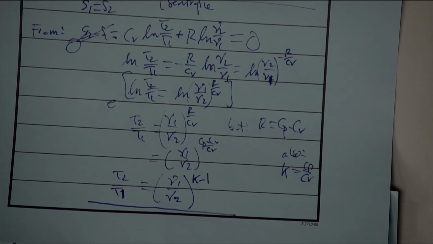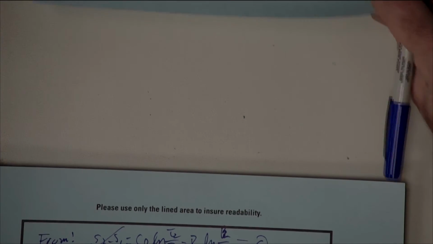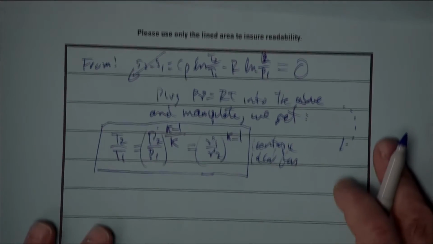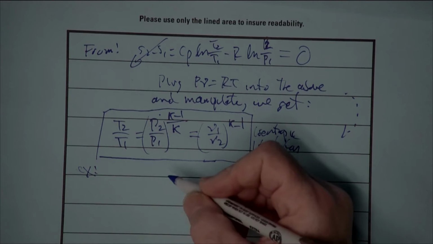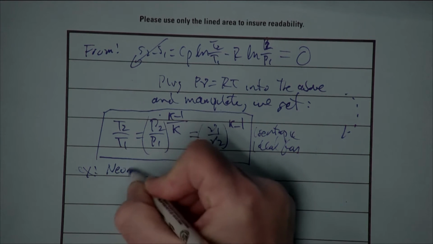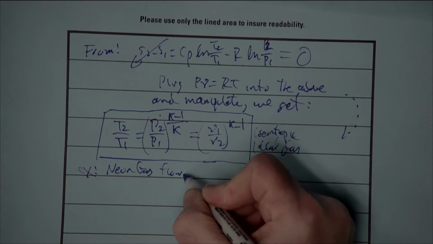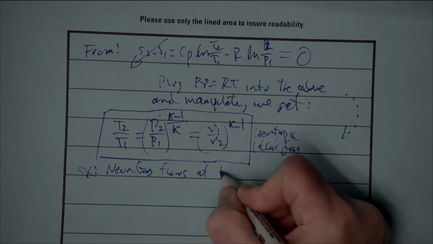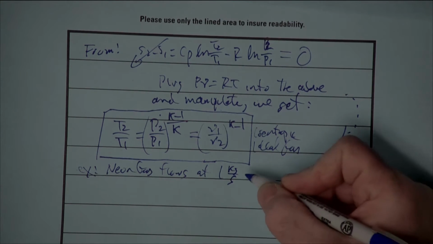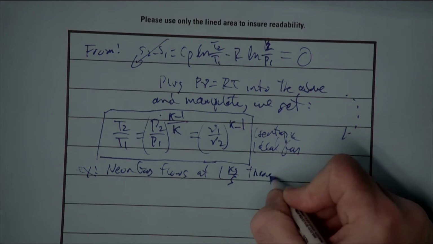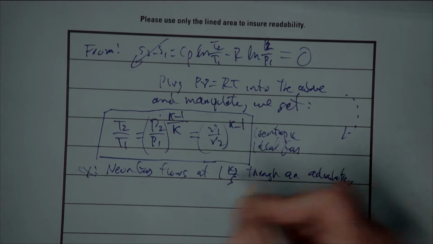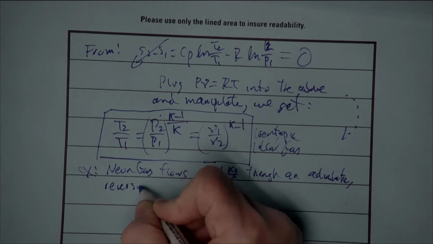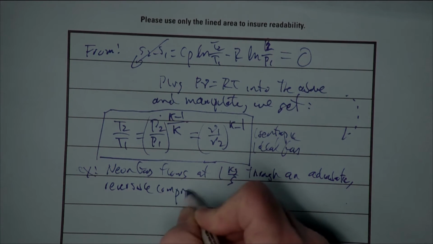All right. So let me just go through an example problem. And this example is actually not in your book, so let me just write it out. So let's say that we have neon gas that flows at 1 kilogram per second through an adiabatic reversible compressor.